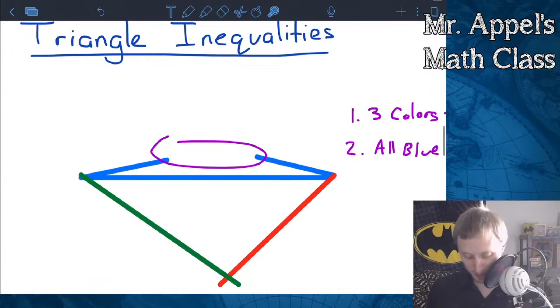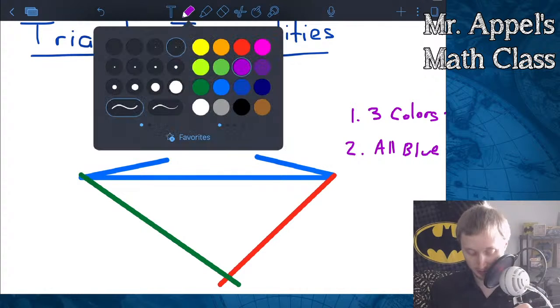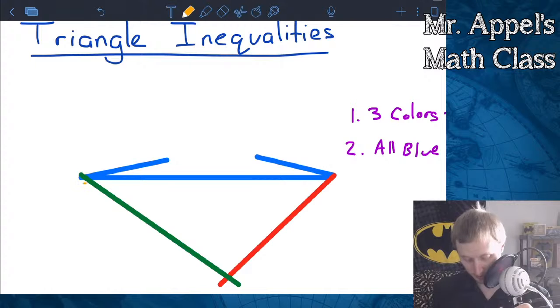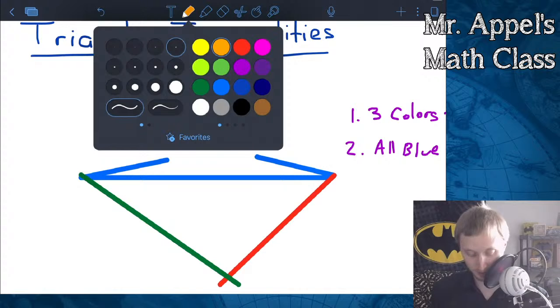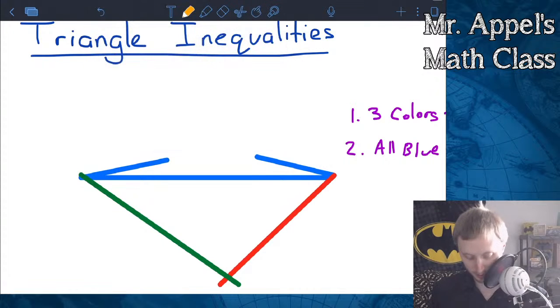And in fact, we could make an even more specific set. Let me make one. Let me get a thicker line here so you can actually see it.